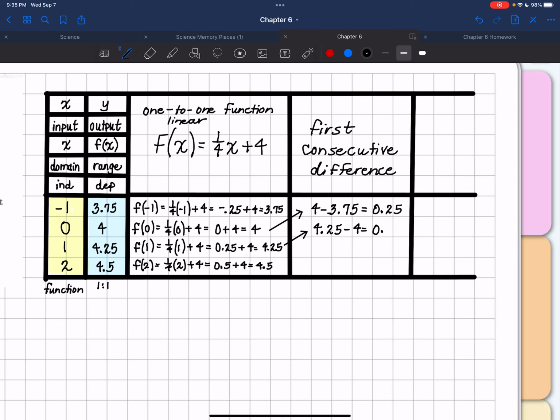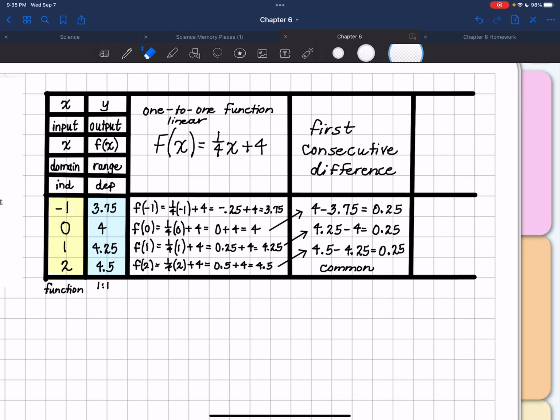I'm liking what I see so far. If it checks out one more time here, I'll be a happy lady. So 4.5 minus 4.25, and sure enough, it is common at the first level. So we can say that it is a common difference here at the first level.